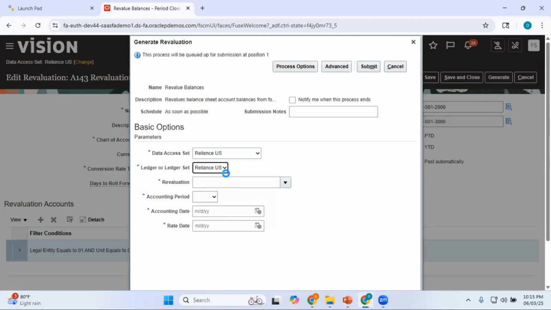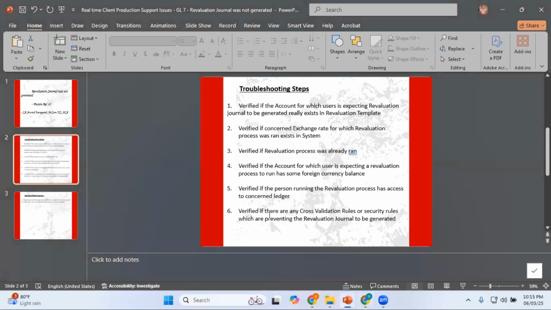So we verified the ledger or ledger set the user was using when running the revaluation process, and the concerned ledger set has the corresponding ledger for which the user was expecting a revaluation to be generated. And the last one is we verified if there are any cross-validation rules or security rules which are preventing the revaluation journal from being generated, and there were no such rules.